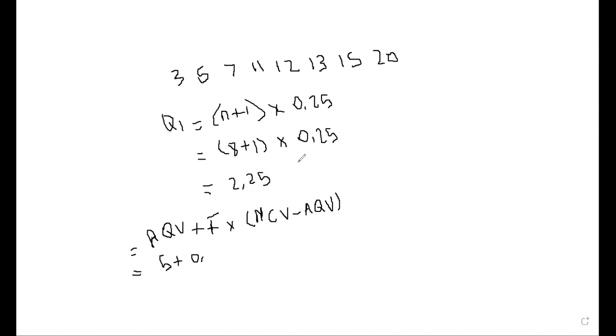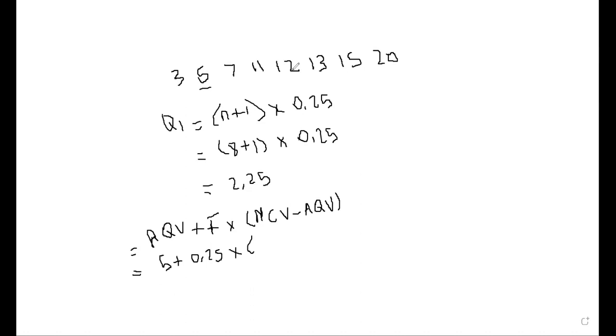Then we'll be left with .25, and .25 means it's 0.25, so it represents your fractional part. Then multiply by the next consecutive value. After 5, which value comes after?